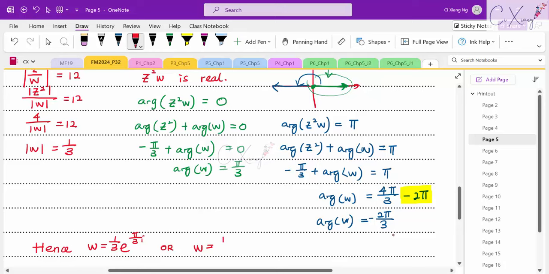So again, w can be written equals to r, which is a modulus, e power the angle. So the angle is negative 2 pi over 3 and i. Okay, so this is the method we use to find out the modulus and also the argument for w, and hence we can rewrite it into the exponential form. Alright, so this is how we solve question number 3.